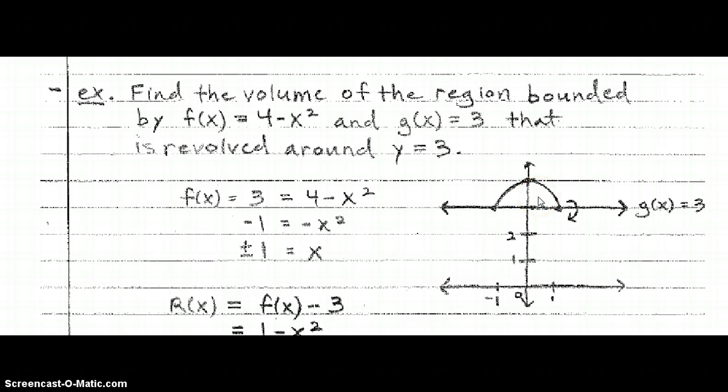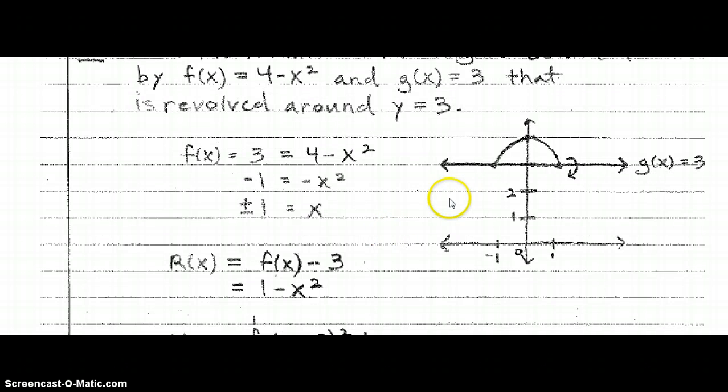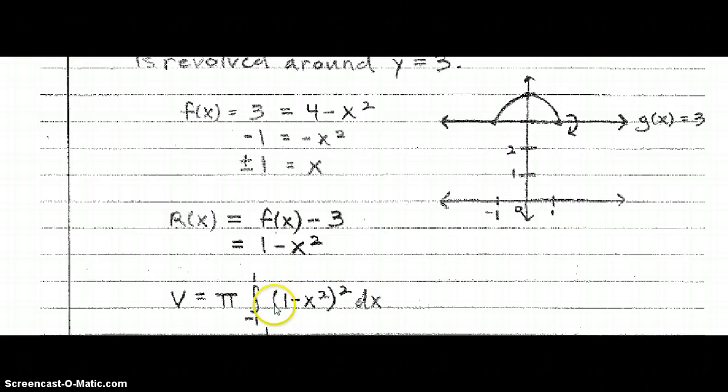Very much the same way that we do it when we revolve around the x-axis. So it's still based on the geometric formula pi r squared times height. So we take our integral here from -1 to 1, pi, and then where does this radius come from? Well, earlier in this unit we talked about finding the area between two curves.